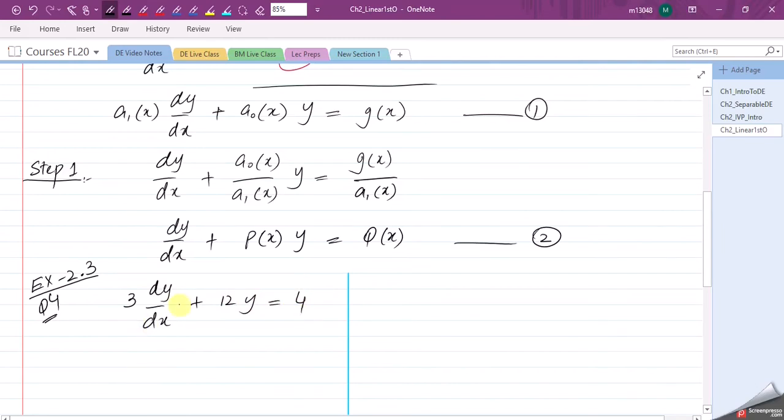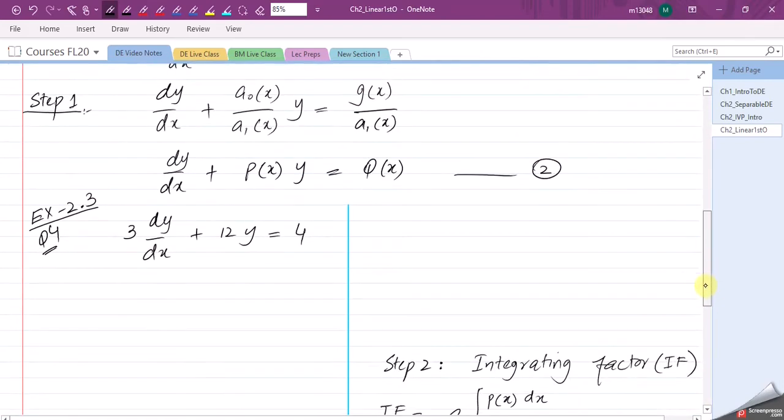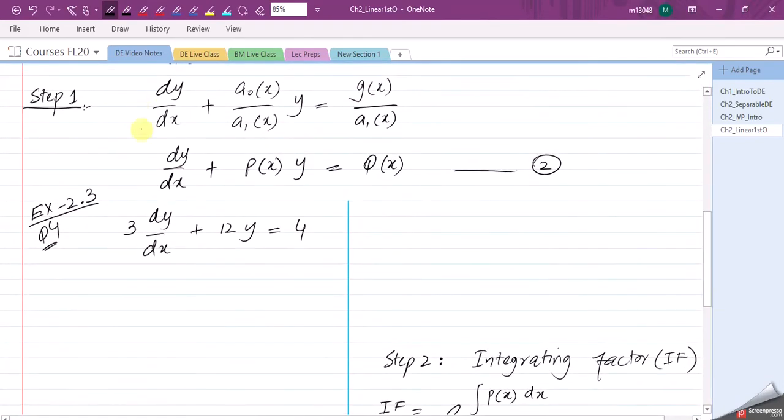Clearly it's a linear equation, first order. 3 is a constant, but a constant can be treated as a function of x, a constant function. Now our first step, as we saw, is to divide by whatever is attached to dy by dx.